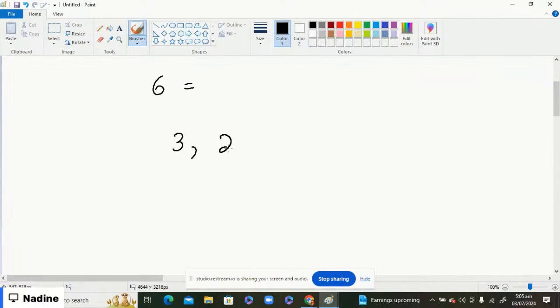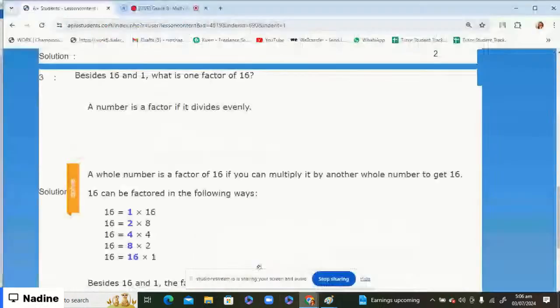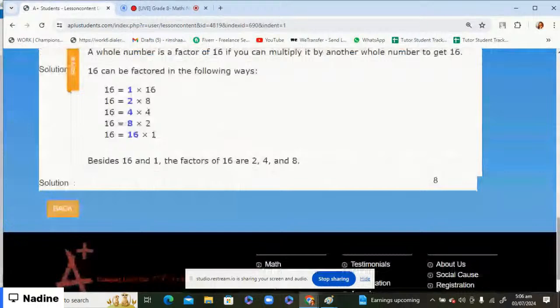These are the factors. If I ask which one is the even factor of 6, the even factor is only 2. And if I ask which one is the odd factor of 6, this is only 3. Even factor is 2 and odd factor is 3. And if I ask what are the factors of 6, you can write both of them. Now let's do some test questions.